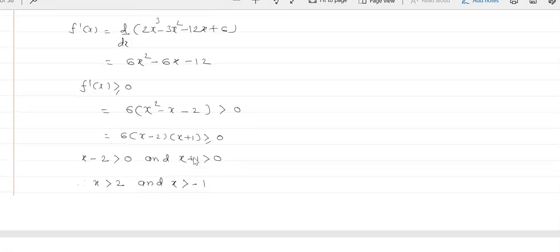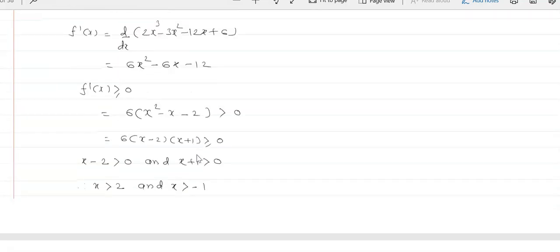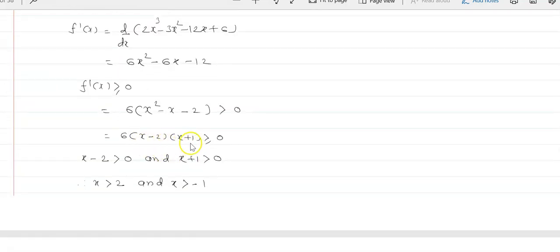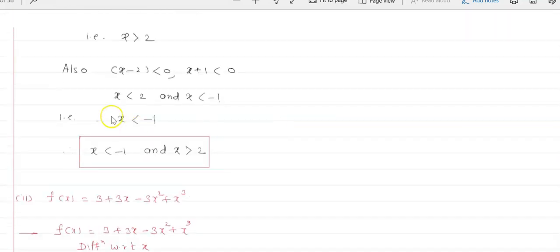Also, we can take both of these factors as negative. Then negative times negative will become positive. Therefore, if we take x minus 2 less than 0 and x plus 1 less than 0, then x is less than 2 and x is less than minus 1. Therefore, taking the minimum, x is less than minus 1.